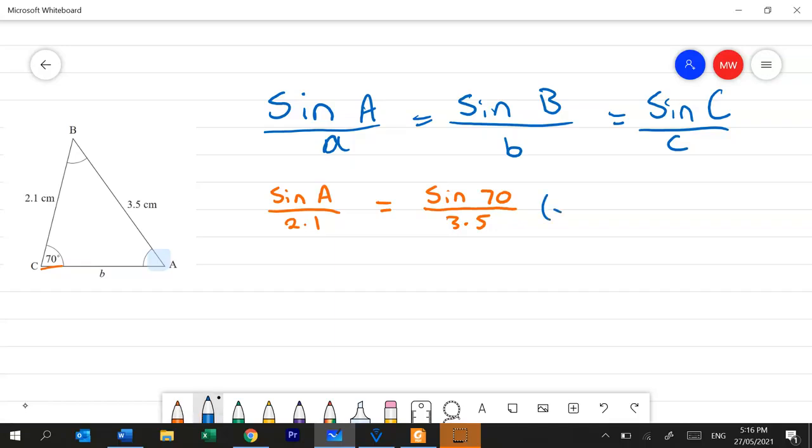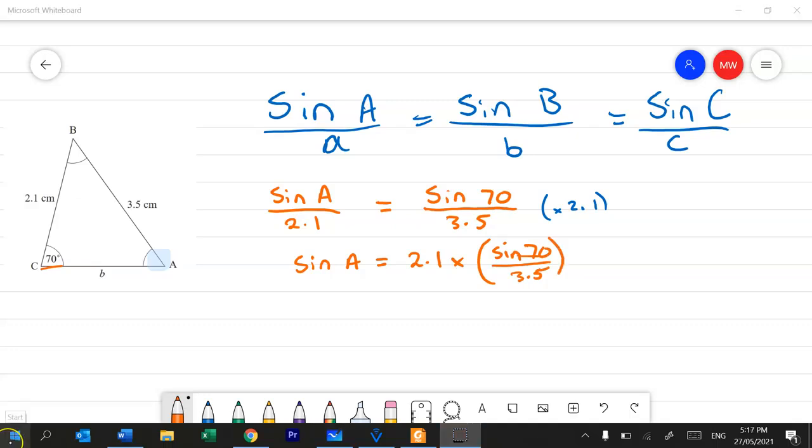So we're multiplying both sides by 2.1, trying to isolate A, the capital A, all by itself, in other words. So we can find out that sine A will be 2.1 times sine 70 over 3.5. Let's pop that in my calculator.